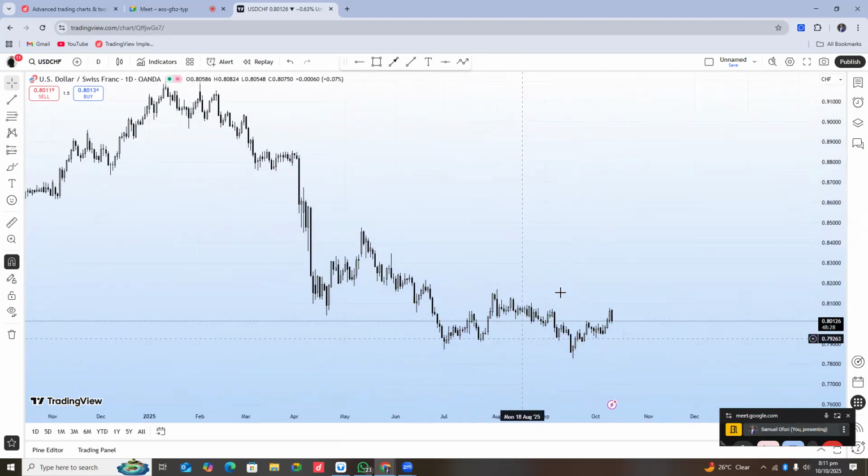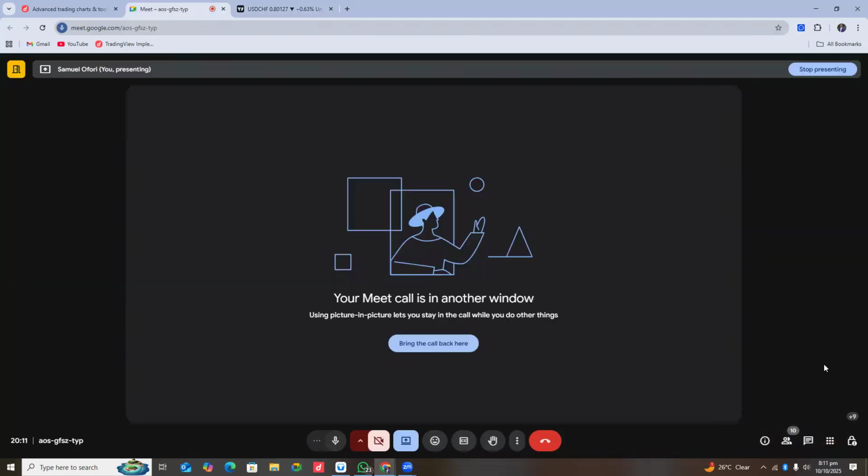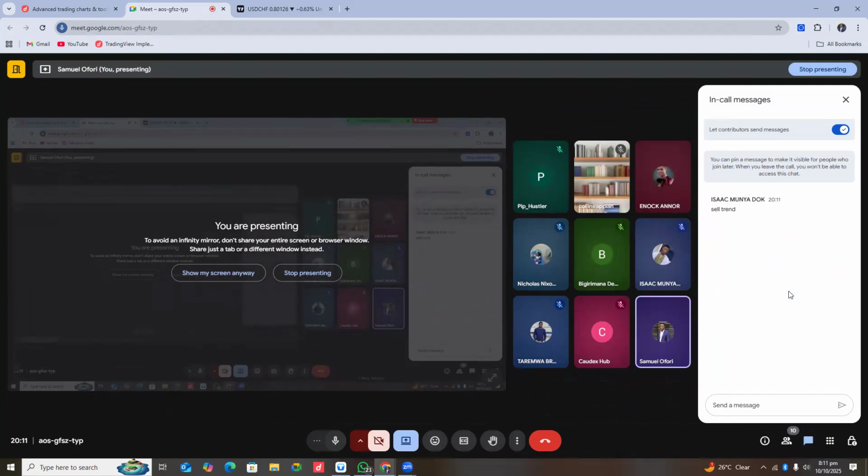So what do we think is the trend of this market within 5 seconds? Let's put it in the chat box. Okay, I have two people saying that this is a downtrend. Anybody with a different perspective?